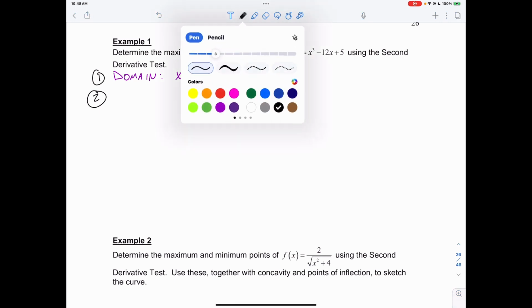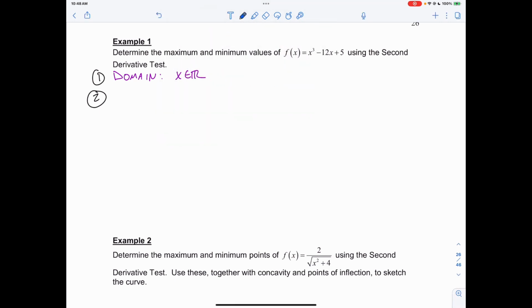When I take the first derivative, f prime of x is going to equal 3x squared minus 12, which means that for my critical numbers, 0 equals, when I factor this down, 3 times (x plus 2) times (x minus 2), which means that my critical numbers would occur at x is equal to positive or negative 2.